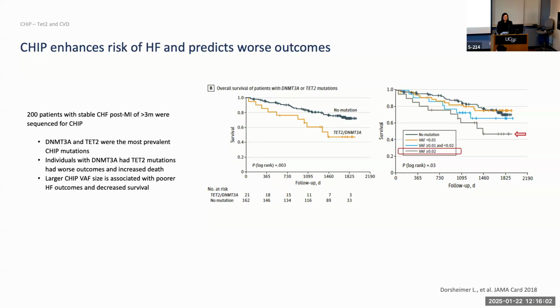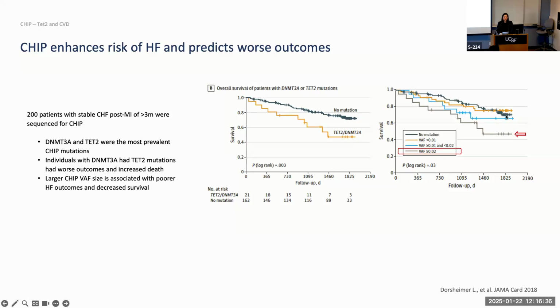And they were able to show that, again, the predominant mutations in these groups were TET2 and DNMT3A. And individuals who had these mutations actually had worse outcomes and increased risk for death compared to individuals who did not have TET2 or DNMT3A mutations. And if we further stratify them by their variant allele frequency or their clonal size, we see that individuals who had a larger clone size, so greater than 2% VAF, had an increased risk for poor outcomes and decreased survival.